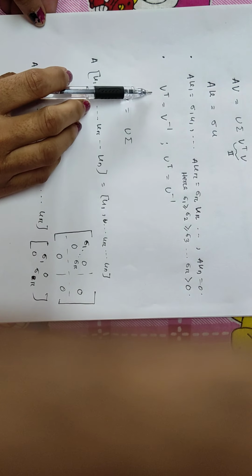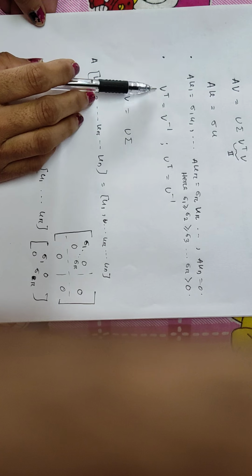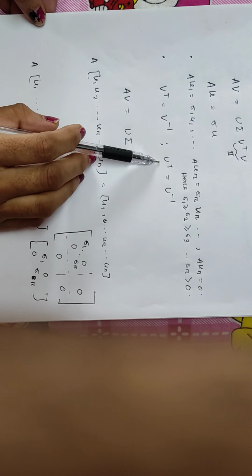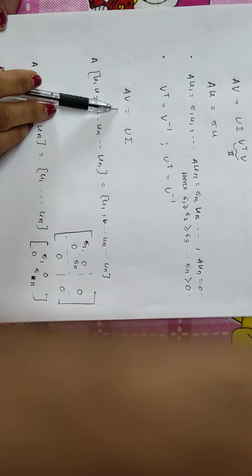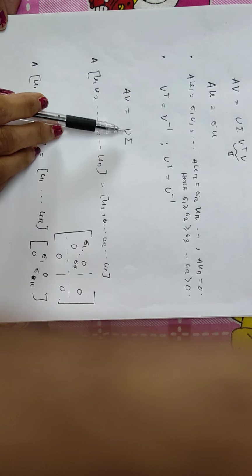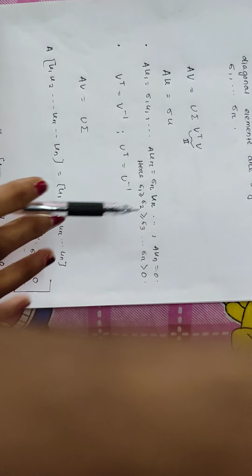Here, as U and V are orthogonal matrices, we can write V transpose equal to V inverse and U transpose equal to U inverse. If we calculate A V, we get U sigma V transpose V, and V transpose V is identity.